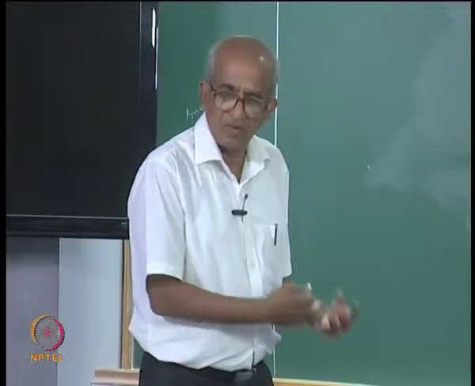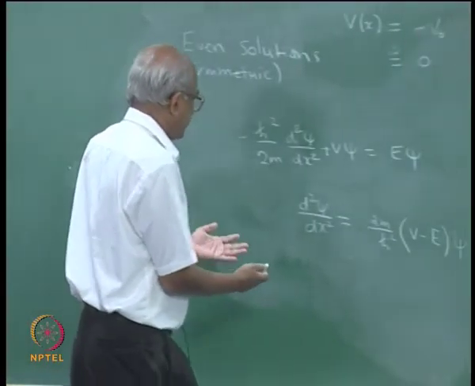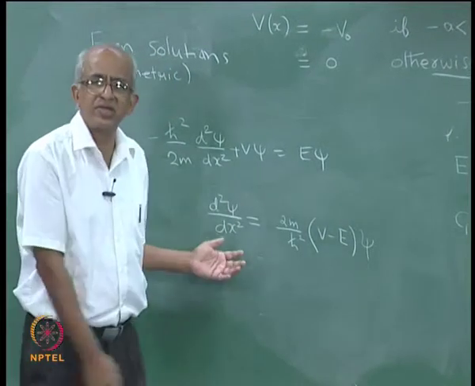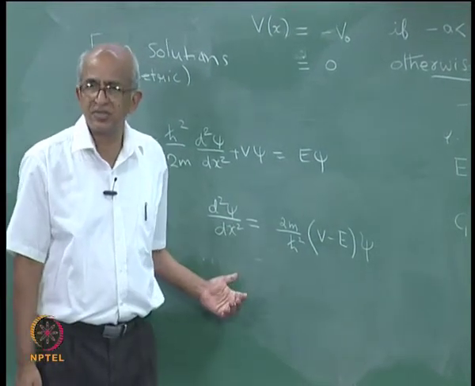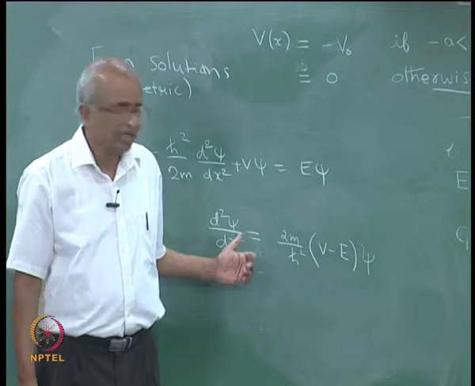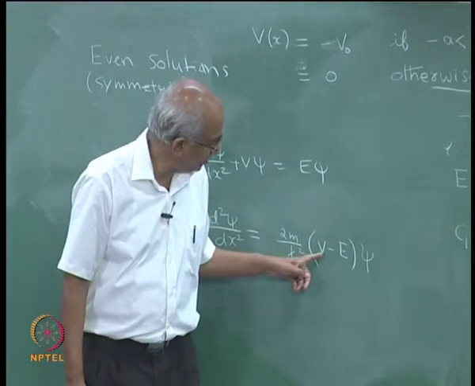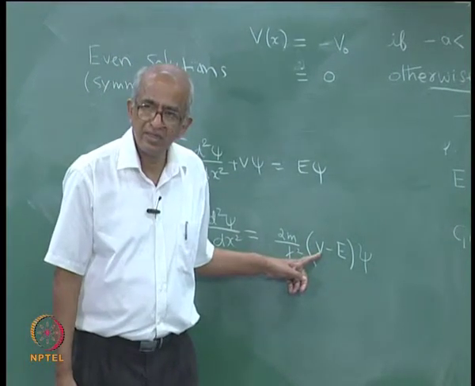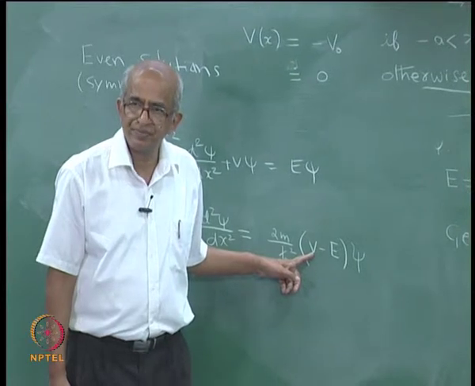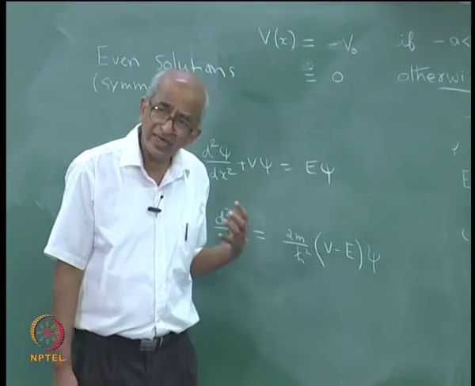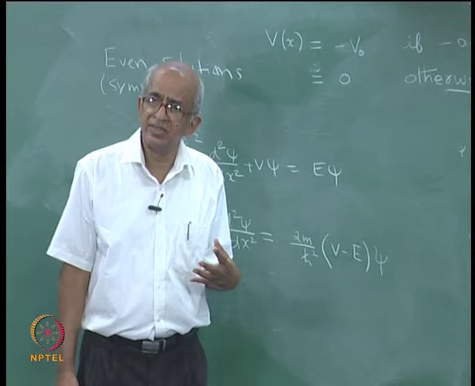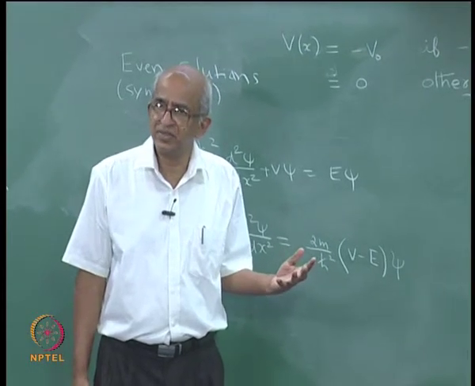Now, if you look at this equation, you can say, after all, what is this? It tells me how much the second derivative of the wave function is, that is all that it does. And if you had a situation where the potential is discontinuous, that means the second derivative of the function is discontinuous, that is all that it means.